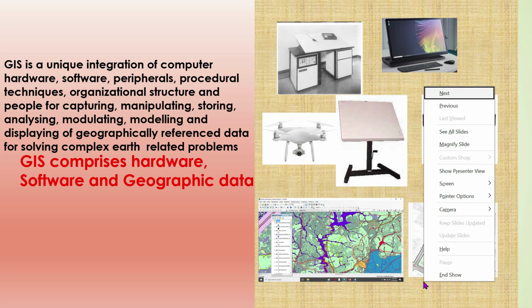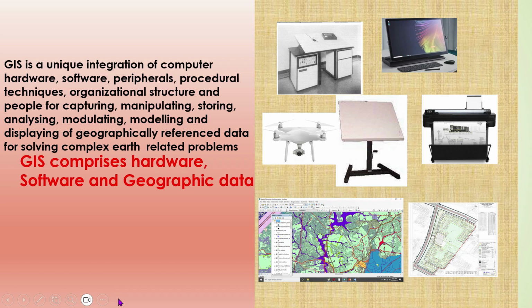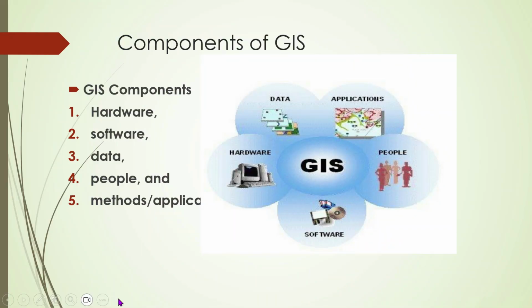So when we say what is GIS? We can actually describe GIS as a unique integration of this. That is a definition that is based on the components of GIS. So GIS components include the hardware, software, data, people, and methods.